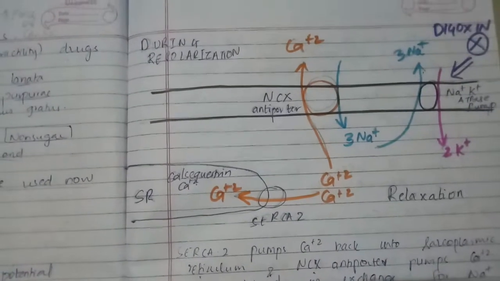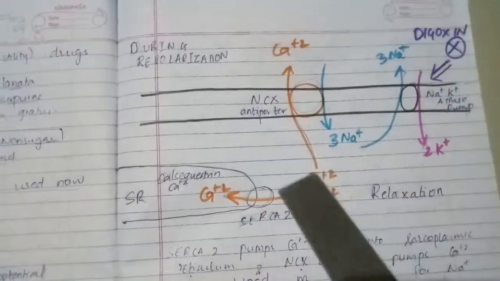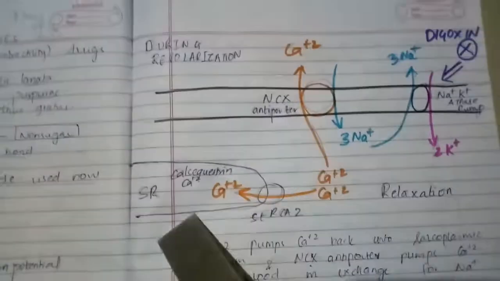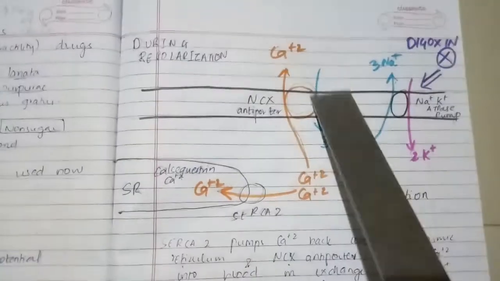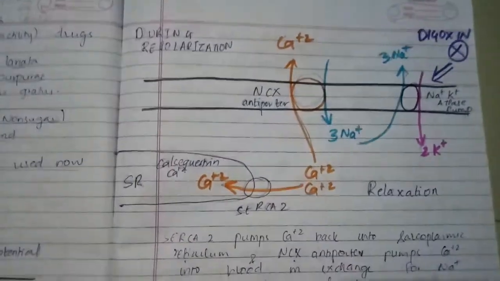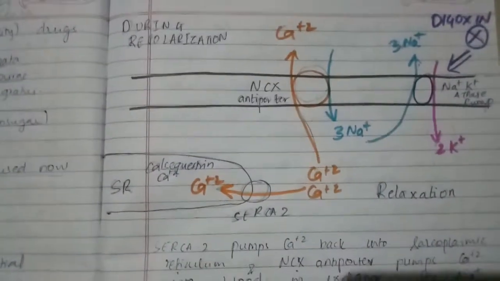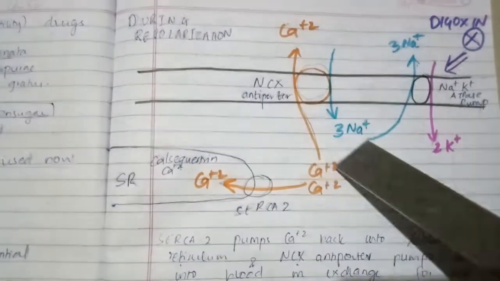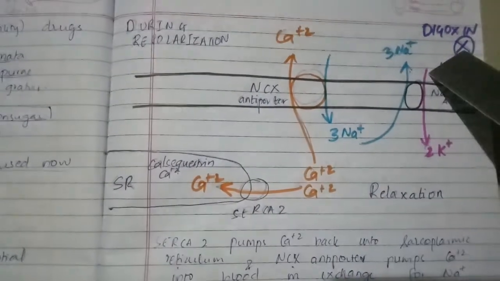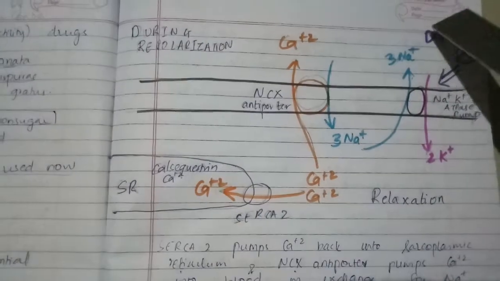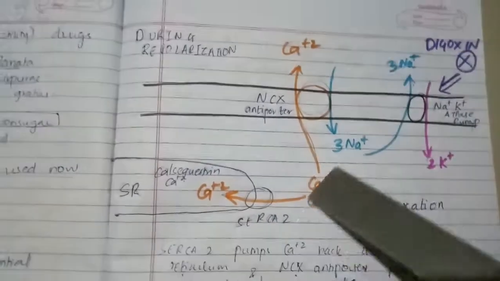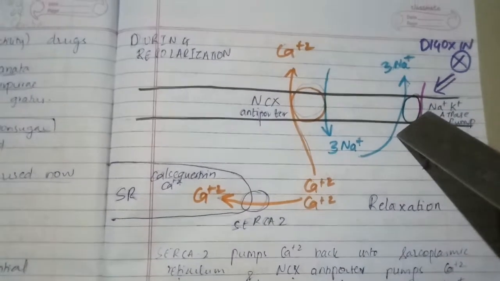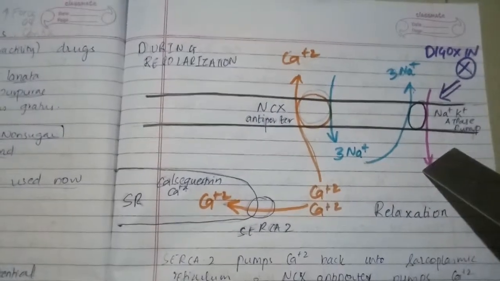This calcium has to go outside for relaxation to occur, and in exchange 3 sodium has come in. Now these 3 sodium that have just entered will move out and 2 potassium will come in by the sodium potassium ATPase pump.